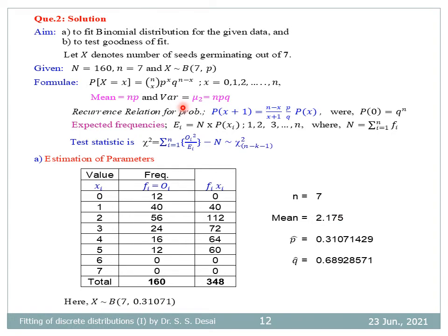As the mean is n into p for binomial distribution, and here the value of n is 7, p is equal to this mean 2.175 divided by 7, that is 0.31071, and therefore q is equal to 1 minus p, which is 0.6892, and here our x follows binomial 7, 0.31071.